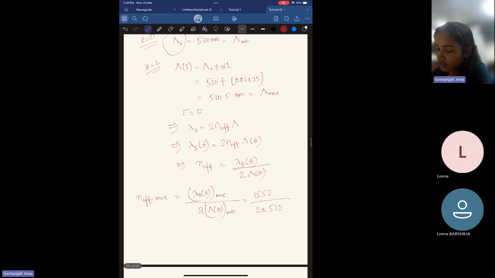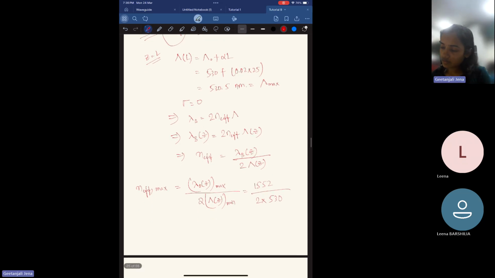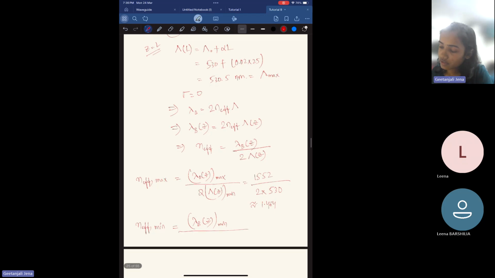So this will be 1.464. And similarly for the minimum value, lambda b(z) should be minimum and the grating period should be maximum. This is only to find out the range.